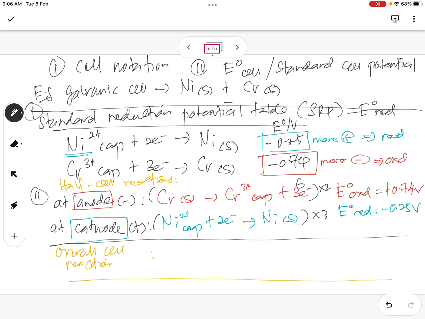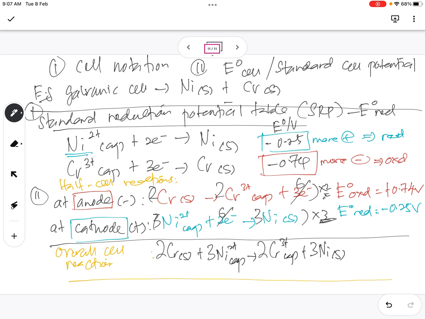Therefore, here will become 6 electrons and here 6 electrons. Both electrons can be cancelled off. And since we multiply by 2, this will become 2. So 2 Cr solid plus, this one we multiply by 3, so 3 Ni2 plus, produces, this one multiplied by 2, so 2 Cr3 plus, plus, and this one multiplied by 3, so 3 nickel solid. This is known as the overall cell reaction or equation.